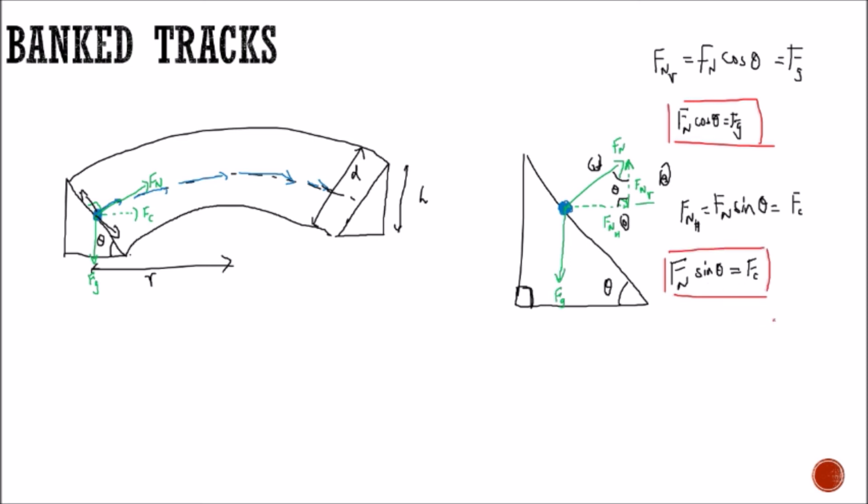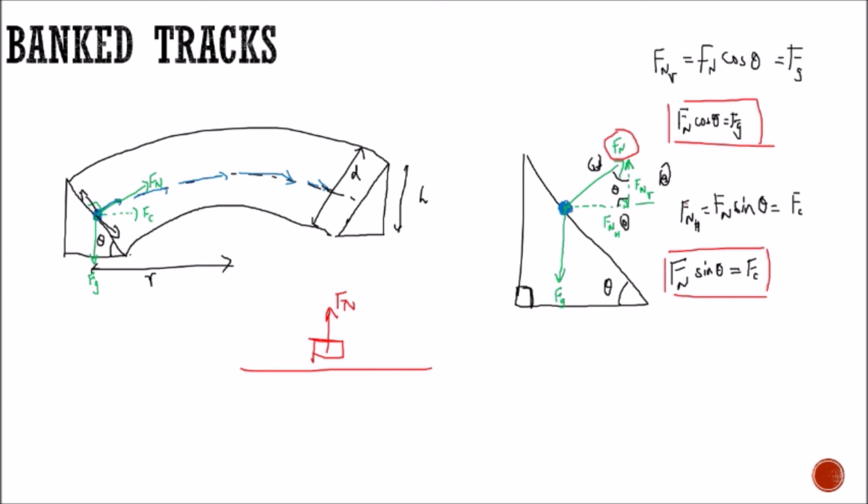Okay, in essence, what's actually happening here? We don't have friction on our side, so what's happening is that we are using the normal force to help us in our circular motion. As opposed to having just an object sitting flat on a piece of ground with a normal force sticking straight up, we have a normal force here, which is at an angle.